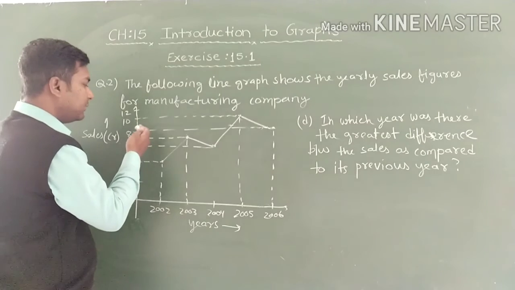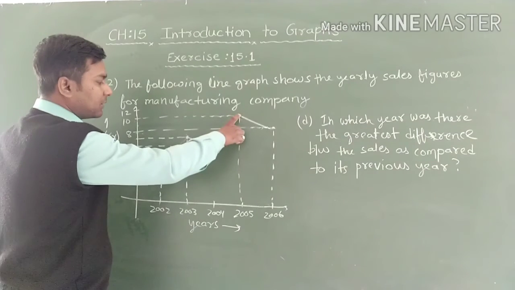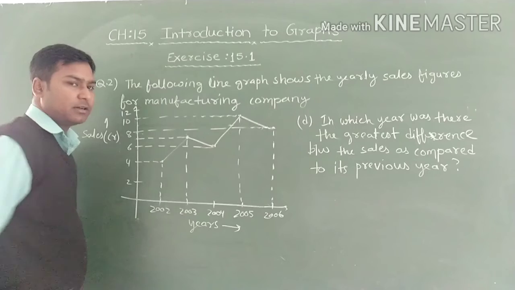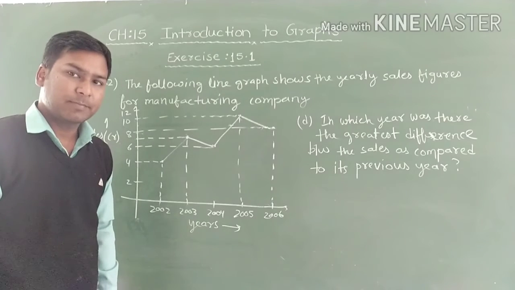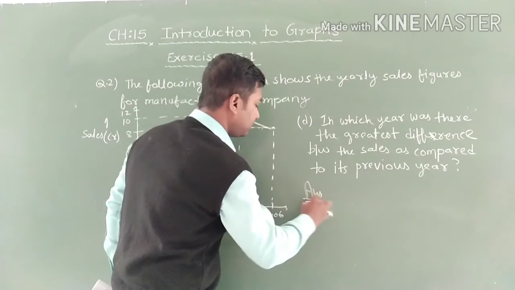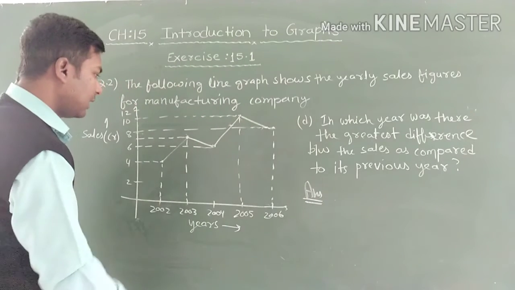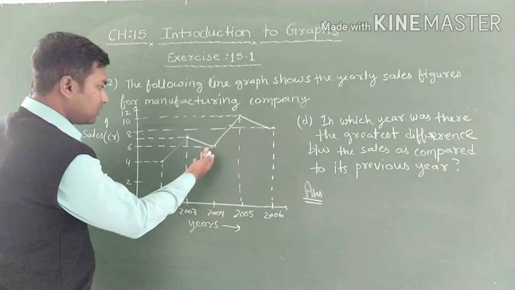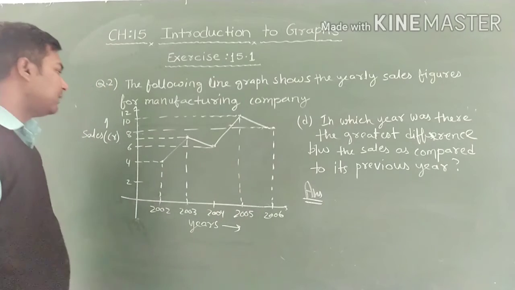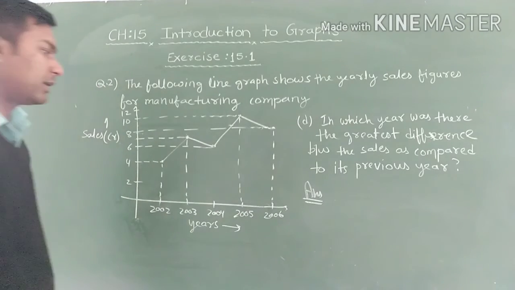So in between these two years the sales difference will be maximum. So the answer will be 2004 and 2005.